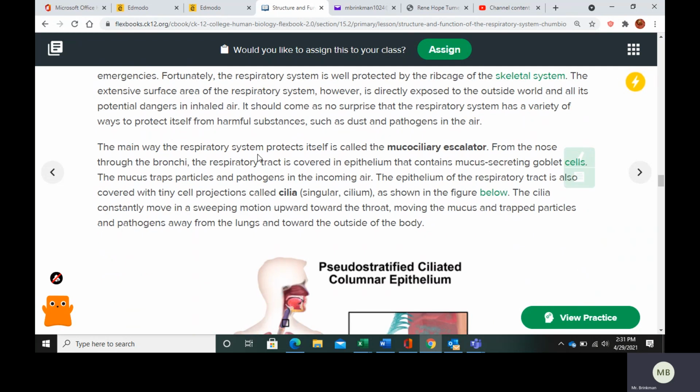Protecting the respiratory system. The way the respiratory system protects itself is called the mucociliary escalator.